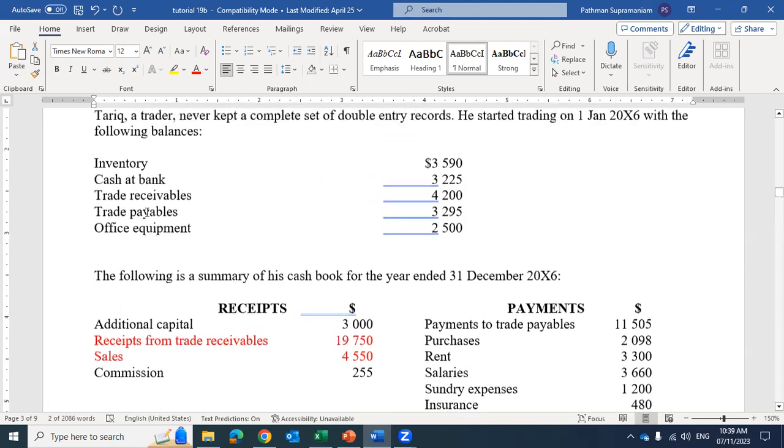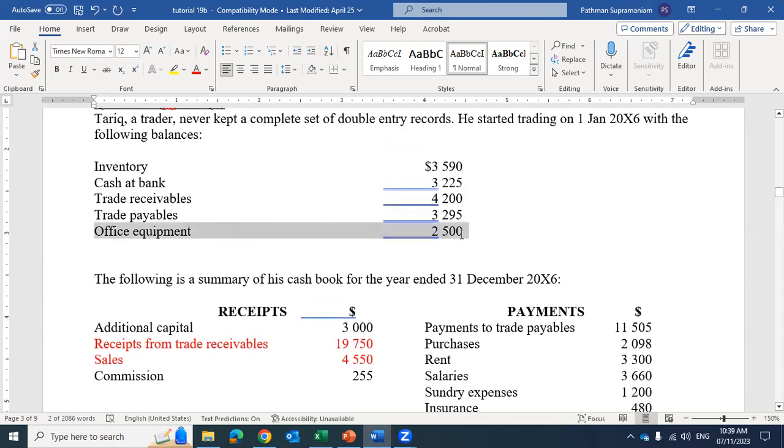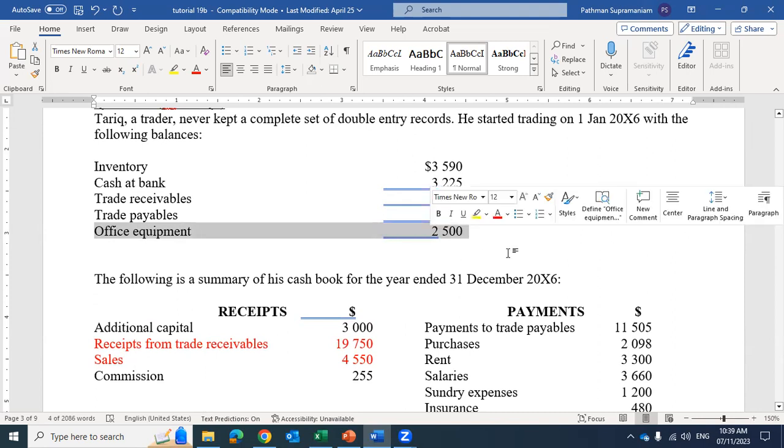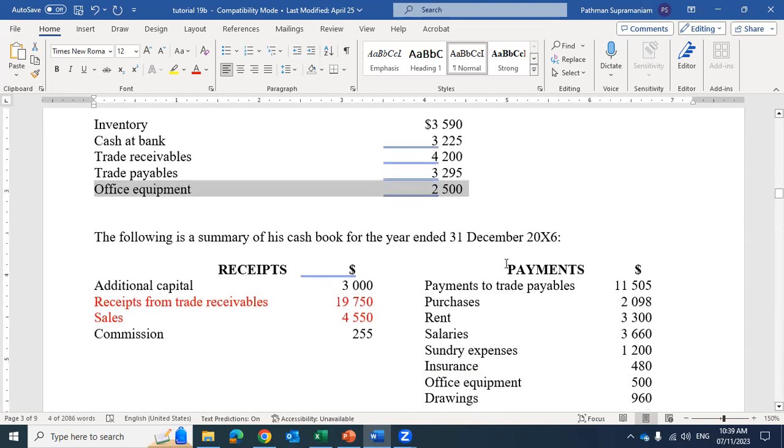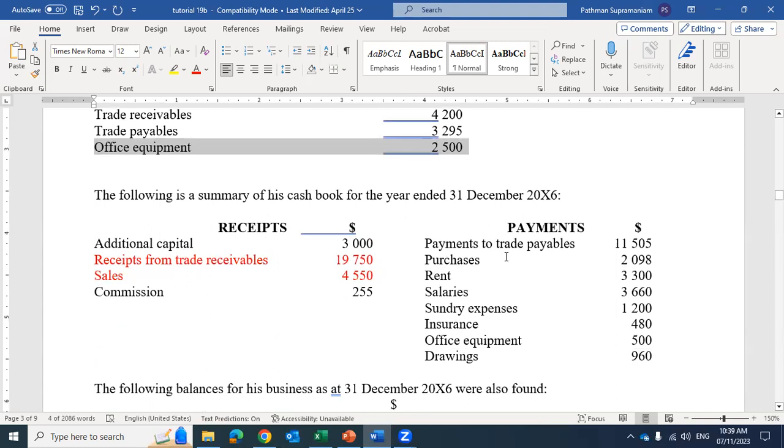We have non-current assets, office equipment. However, in this chapter, usually the depreciation method would not be straight line or reducing balance, although it could be sometimes, but most of the time you have to use the other method called the annual revaluation method.